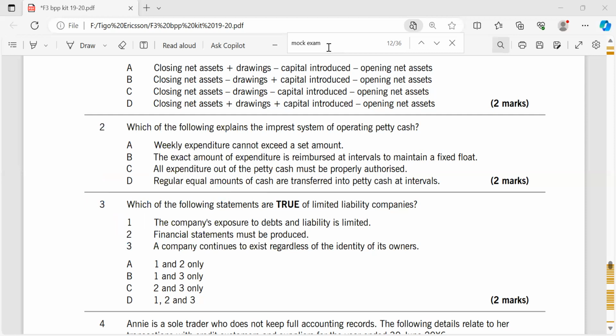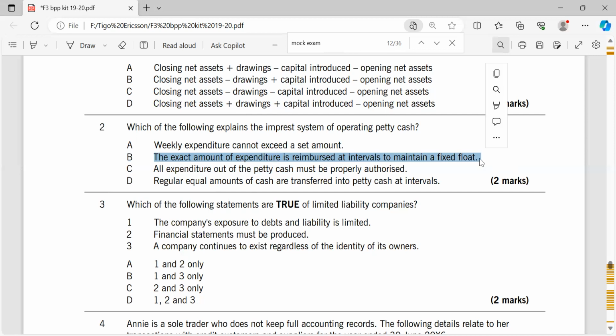So after having this, let's go now to the options. It says, which of the following explains the imprest system of operating petty cash? A, weekly expenditure cannot exceed a set amount. B, the exact amount of expenditure is reimbursed at intervals to maintain a fixed float.